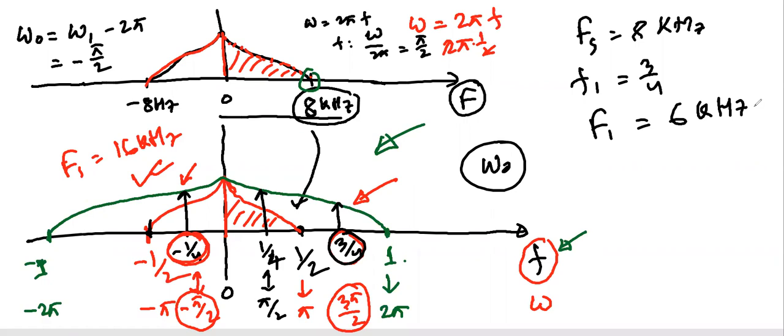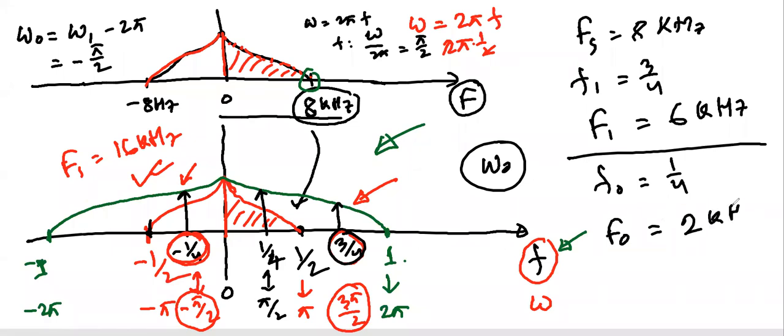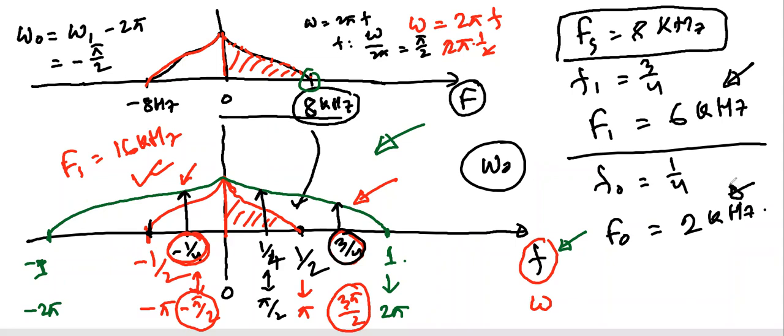But at the end of the day, we got small f0 is equals to 1/4. They are similar. When we got F0, the actual frequency, we found it is equals to 2 kilohertz. What does it mean? If you use this kind of sampling frequency, this 6 kilohertz looks like 2 kilohertz after making analog to digital conversion.